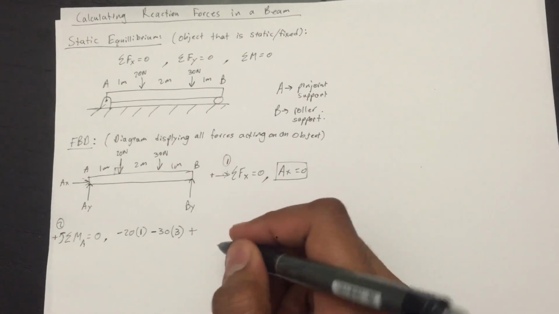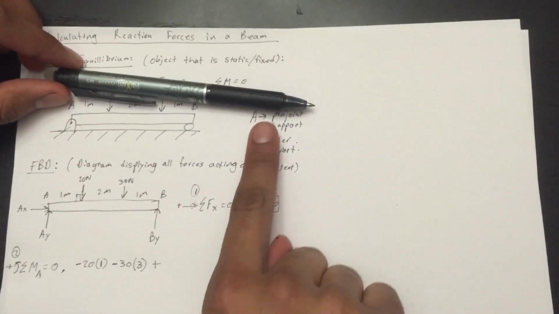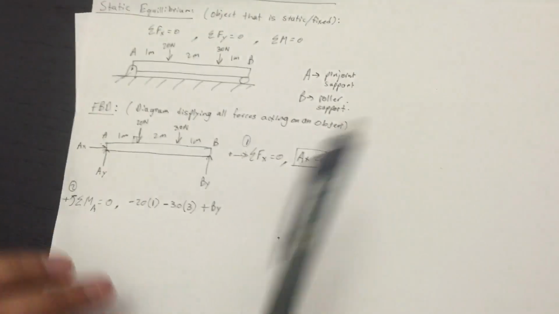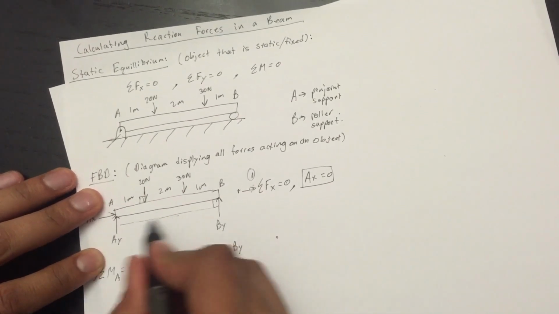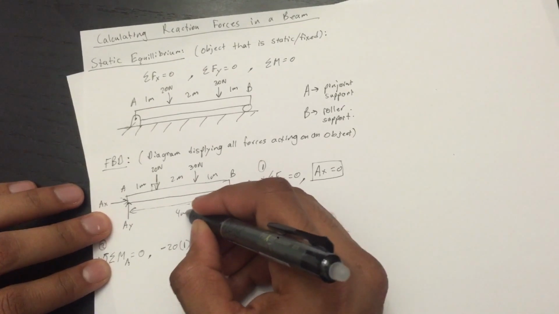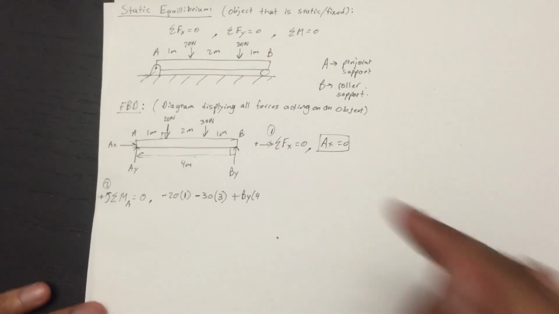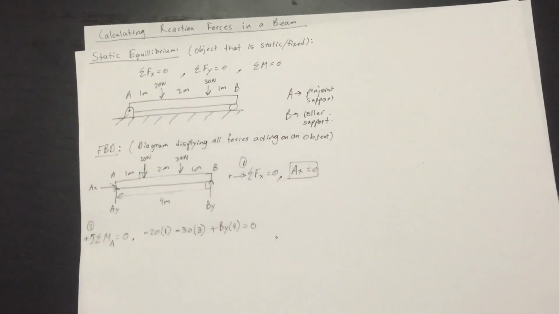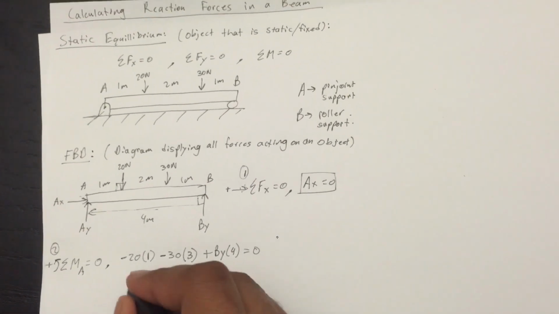And then we have positive reaction support BY going counterclockwise, that's why it's positive, BY multiplied by the total perpendicular distance to A. And this distance will be 4 meters. And this all equals 0 as per the static equilibrium equations. So now let's isolate for BY.